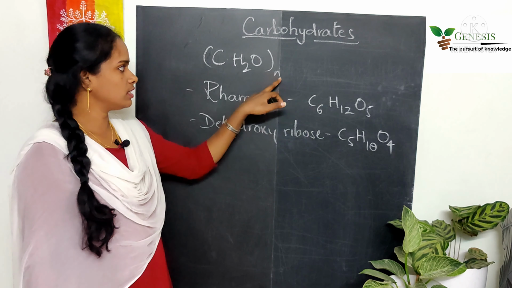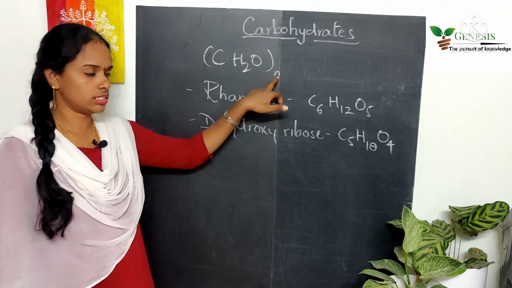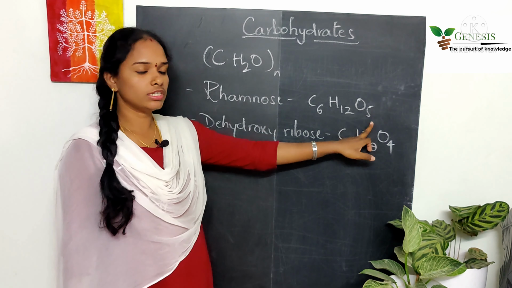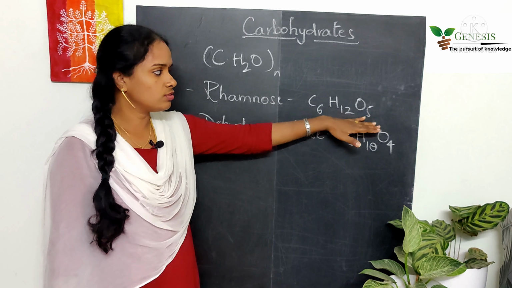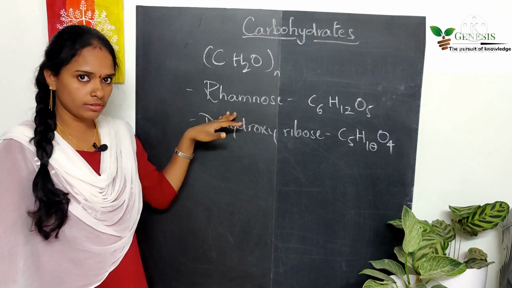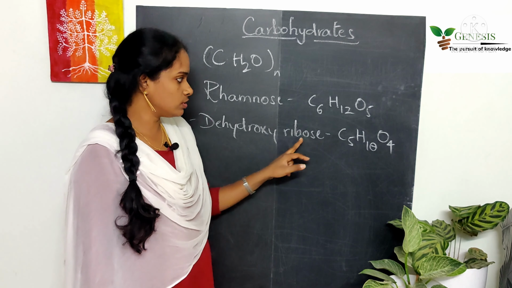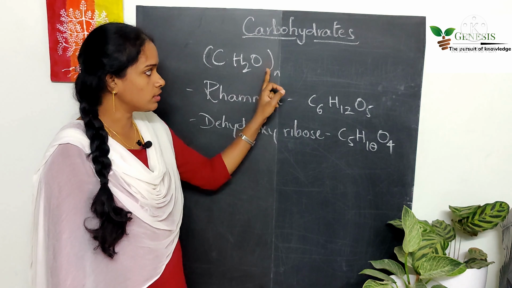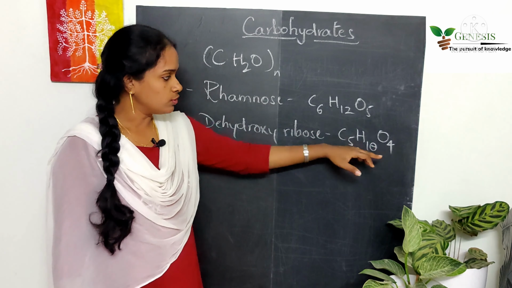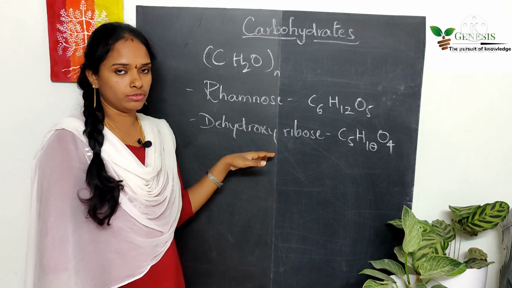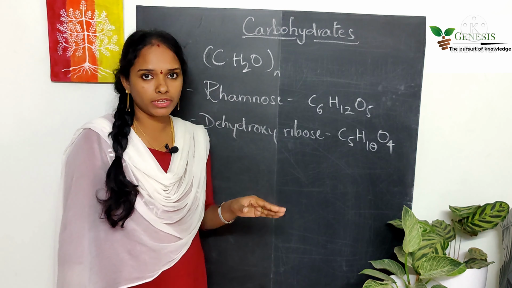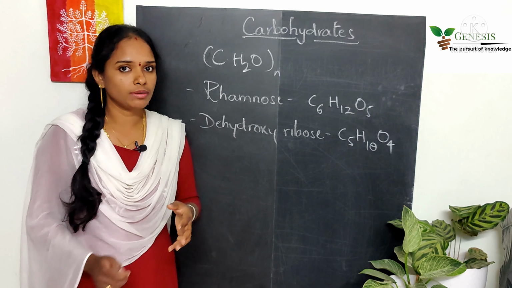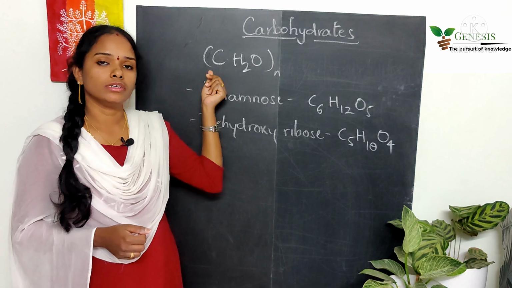For example, here we can say n is 6, so C6H12, but here O is not 6, it is only 5. So rhamnose is not obeying the formula. Coming to deoxyribose, it is C5, so n is 5, C5H10, but O4, not O5. So these two are actual carbohydrate molecules, but they do not satisfy the general formula C(H2O)n. So we simply cannot define carbohydrates as hydrates of carbon.